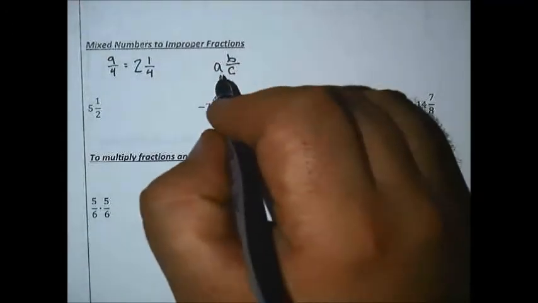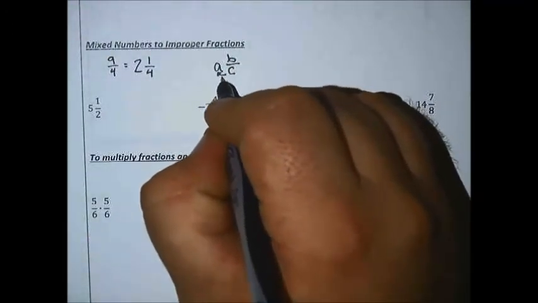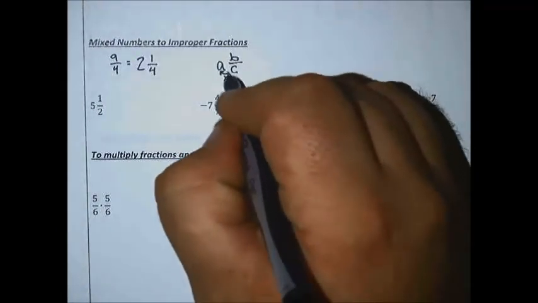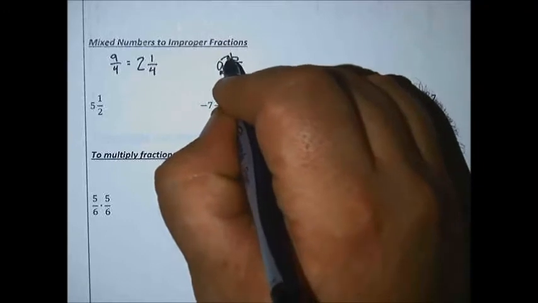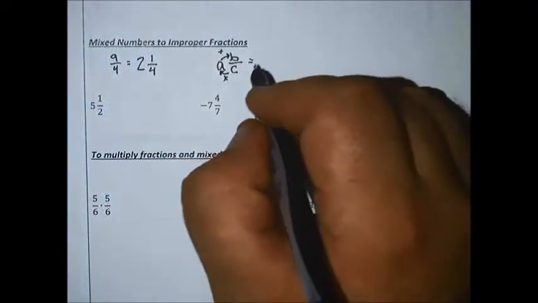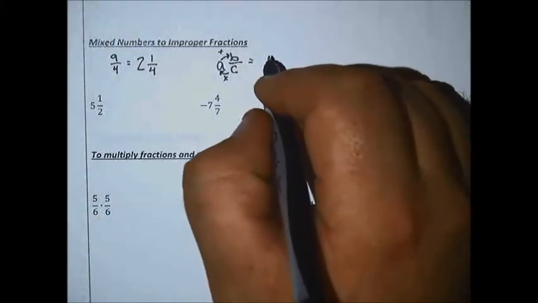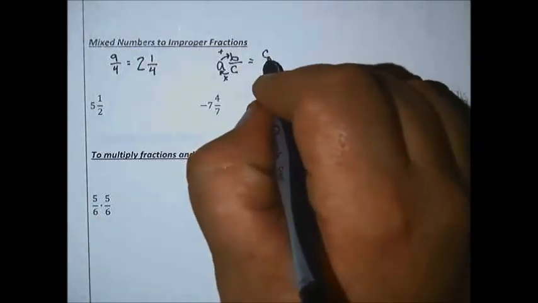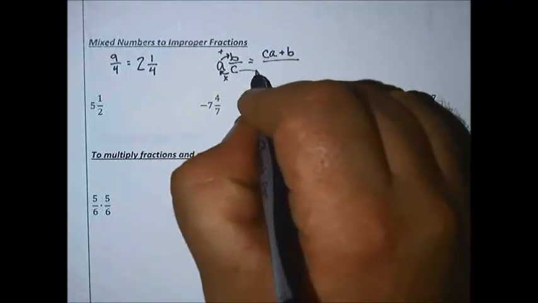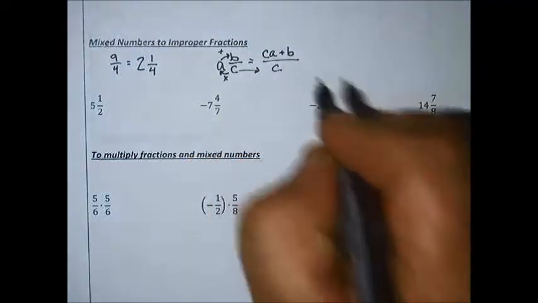What I want to do is multiply the denominator by the whole number and then add the numerator. So what you're actually going to end up with is something that kind of looks weird if you look at it this way. CA plus B, and then the denominator stays the same. We don't change that.